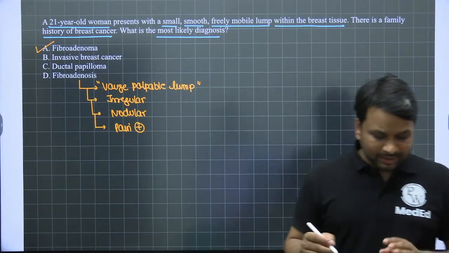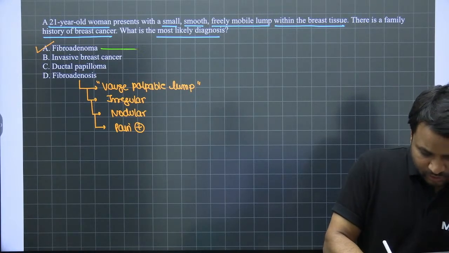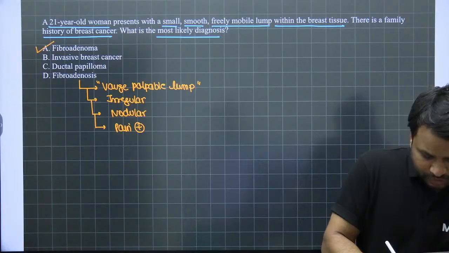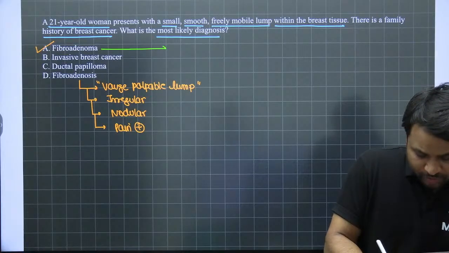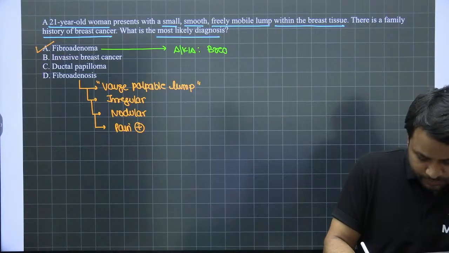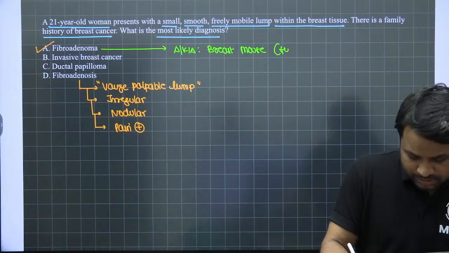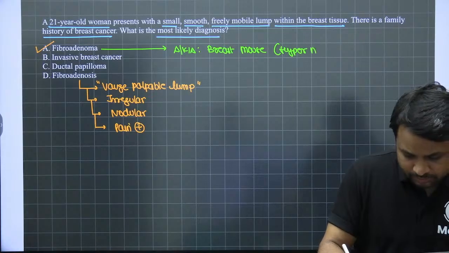Okay. Now, one thing that they'll ask you with respect to fibroadenoma of the breast that we all should be aware of: fibroadenoma of the breast is also known as breast mouse, because it is hypermobile.